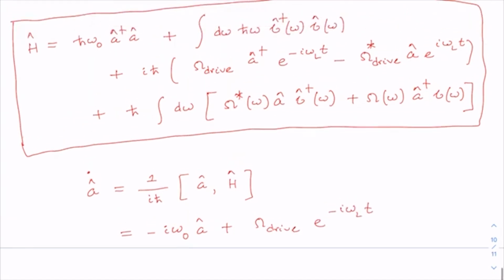You can verify it because the commutation of a with a dagger a will give you simply a.